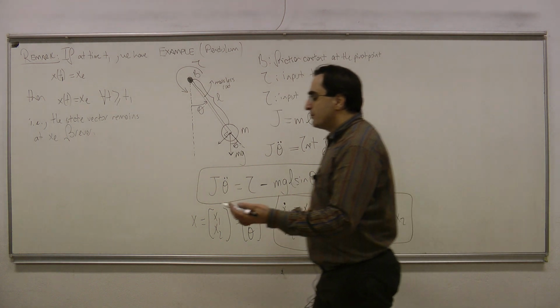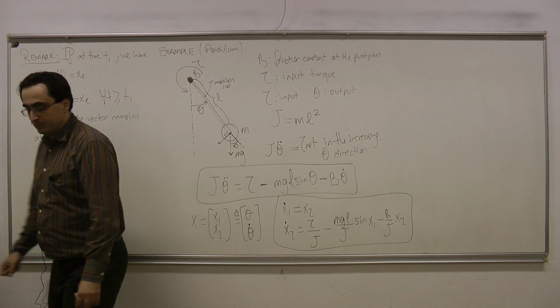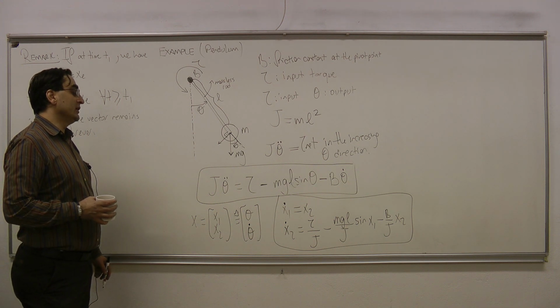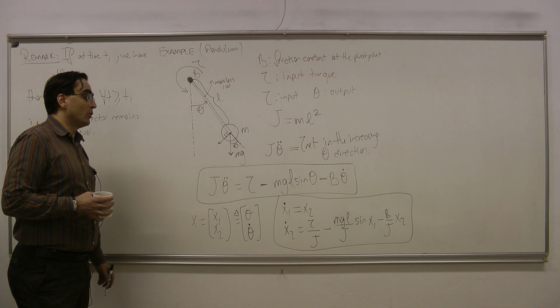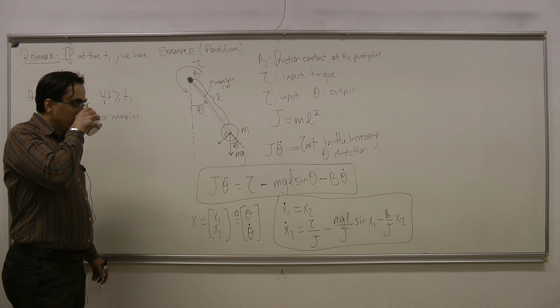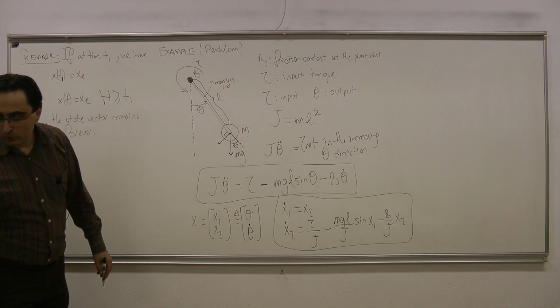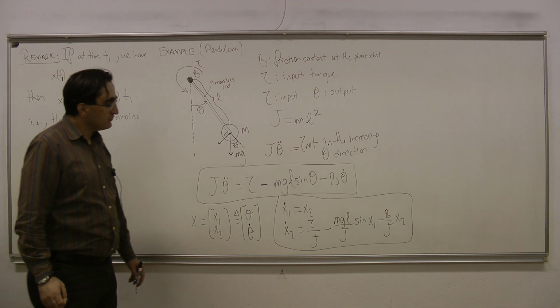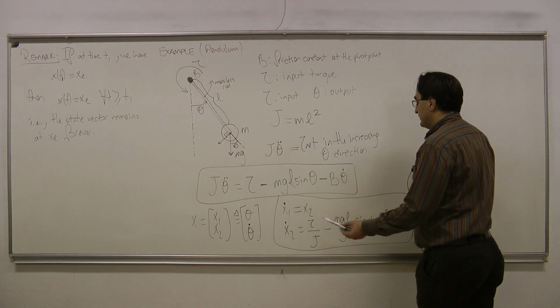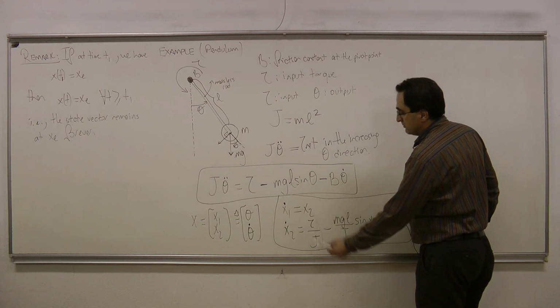So what is the type of this nonlinear system? Is it time varying? Is it forced or unforced? Is it autonomous? When I look at these equations, I see that there is an input term.